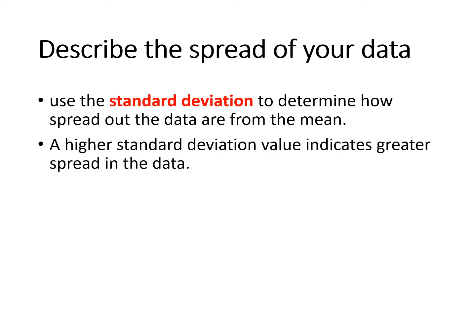And of course, the next thing is the spread of your data. So the main parameter that we'll be using to assess the spread of your data is our standard deviation. So usually look also at the value of your standard deviation and the mean. Okay, so use the standard deviation to determine how your data is spread from the mean.